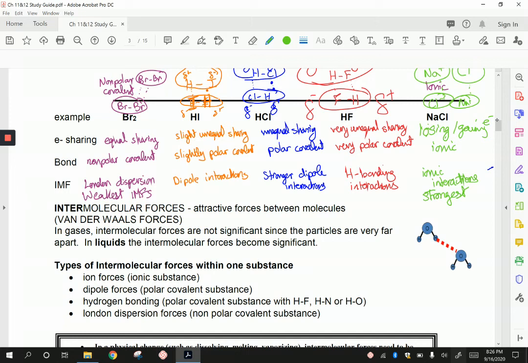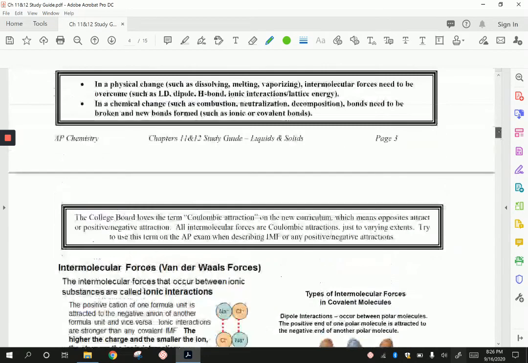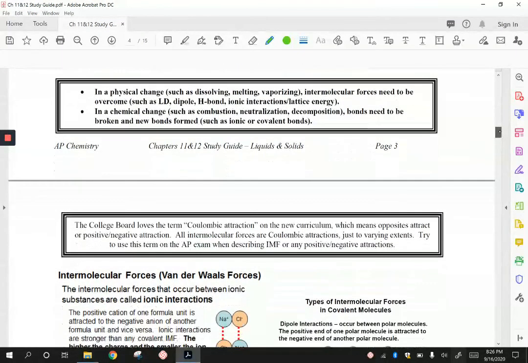So ionic forces, these are for ionic substances like NaCl, for example. Dipole forces for polar covalent substances. Hydrogen bonding for very polar covalent substances that contain these. And then London dispersion forces, these are for nonpolar substances. So let's spend a little bit more time talking about these.